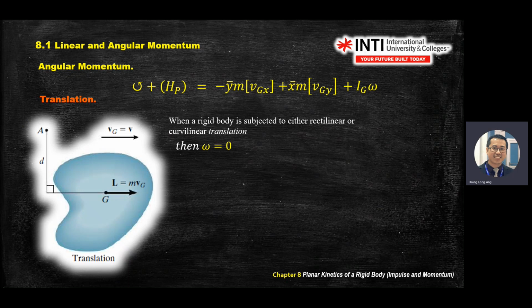Again, for a rigid body, you have a few motions. Translation means you move in a straight line. So for a straight line, in the equation here, you can eliminate one component, which is omega. Because if this object moves in a straight line, there is no rotation. So what is omega? Omega is angular velocity.